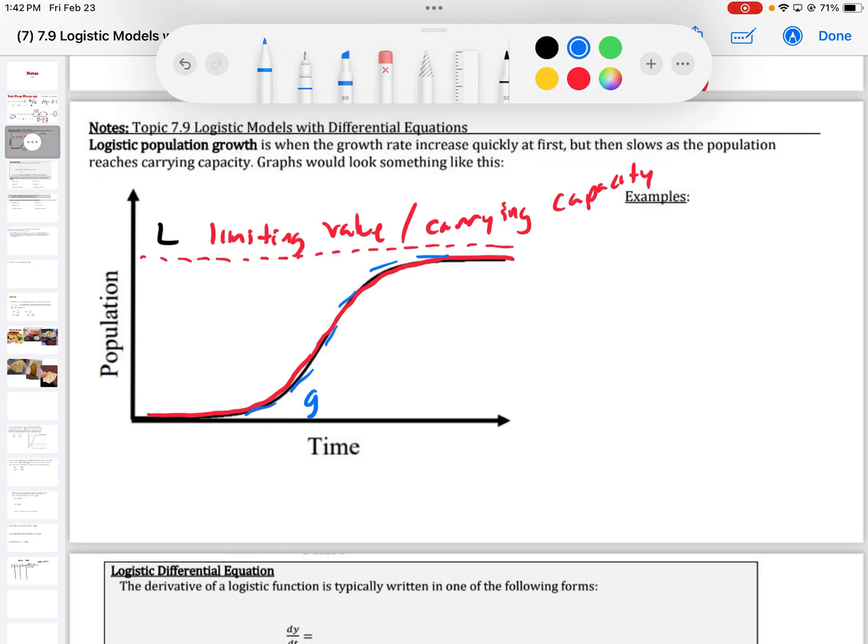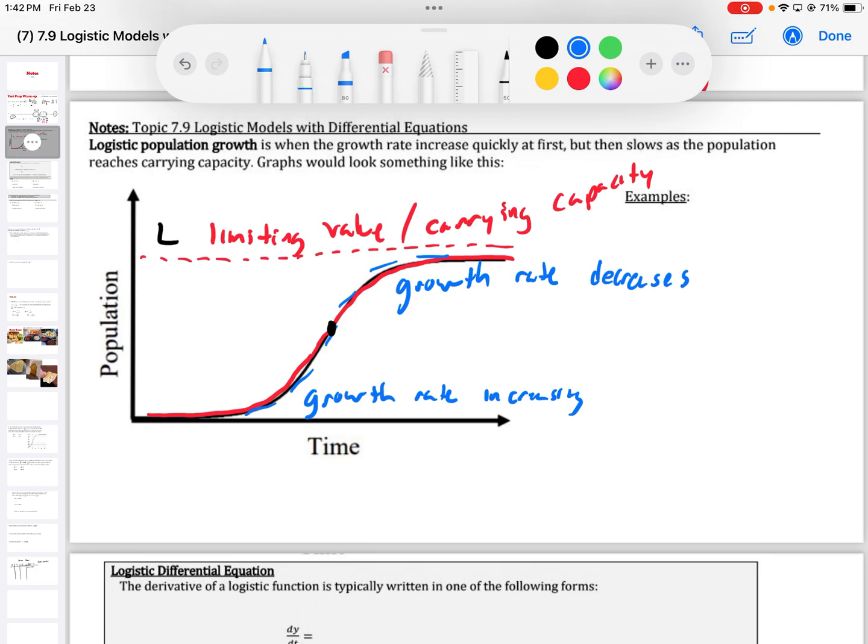So we say the growth rate is increasing up to this point right here, and then the growth rate decreases up here. So the population is still increasing, but the rate that it's increasing slows down.